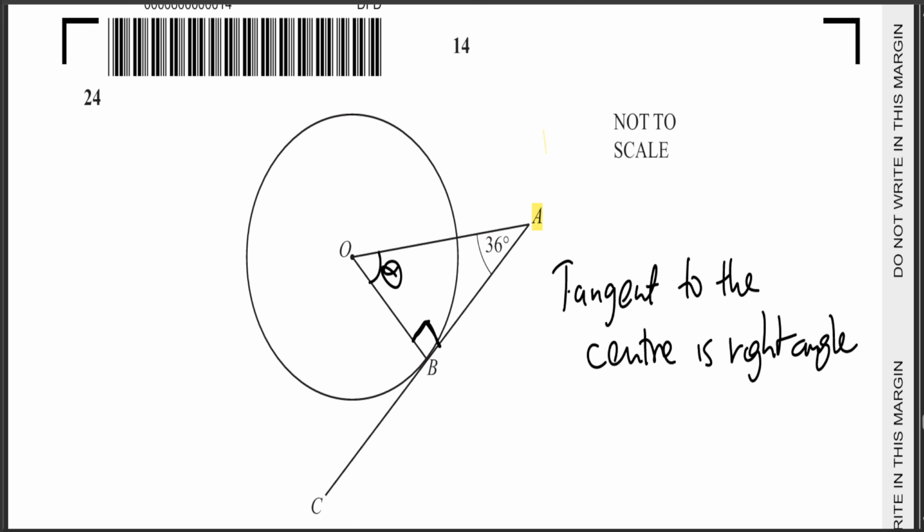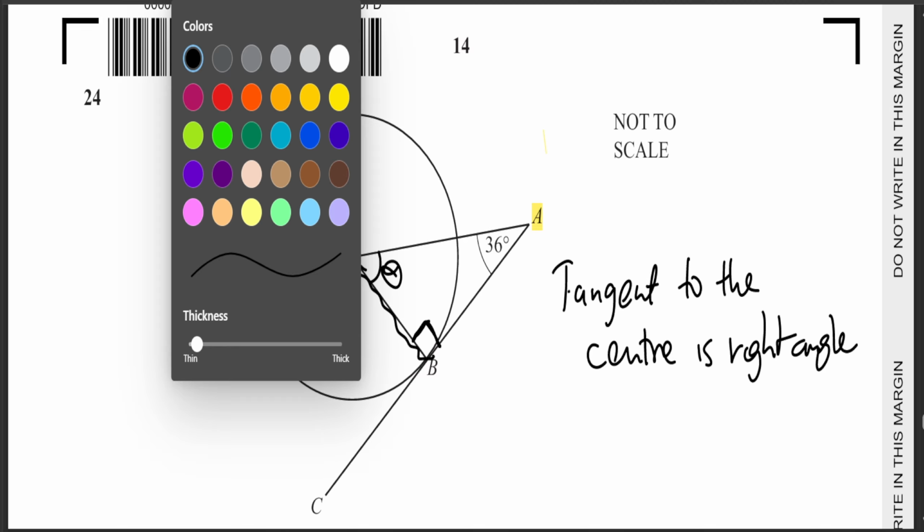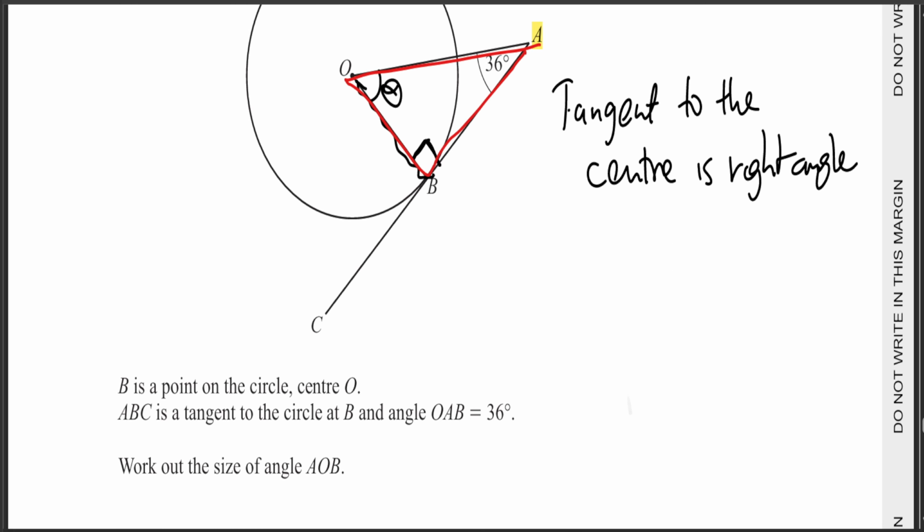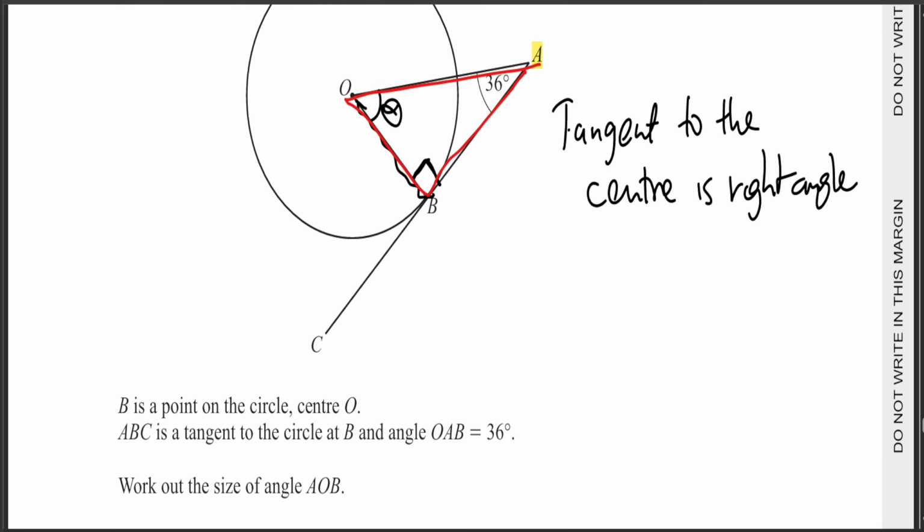So if this is 90 degrees, then you have a triangle here. Because angles in a triangle add up to 180, to get angle AOB is equal to 180 minus the sum of 36 plus 90.